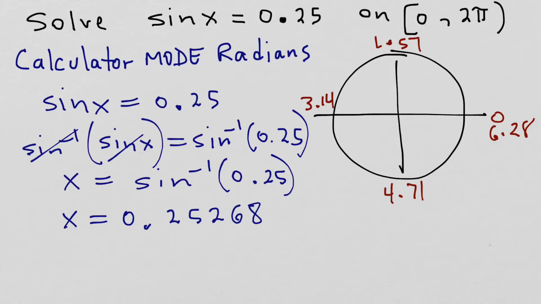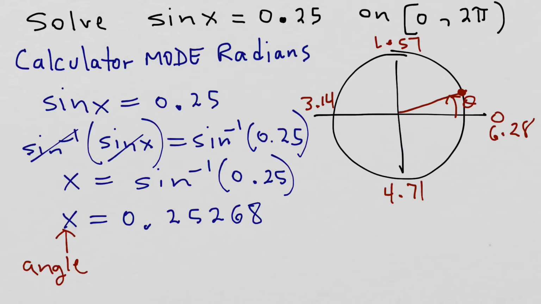All right, so if our x value, this is our angle, when we solve trig equations, we're looking for angles, is 0.25. So that's in the first quadrant over here. It's small. All right, so our sine right there should be 0.25 at an angle theta.